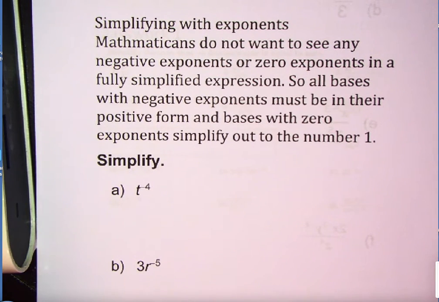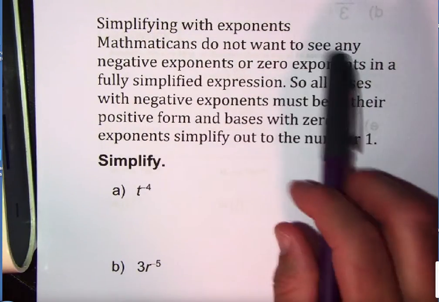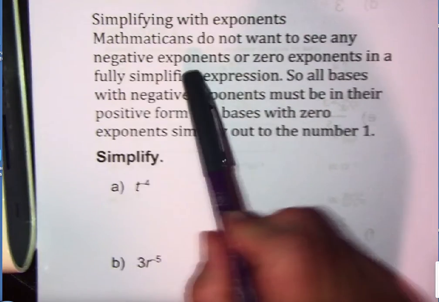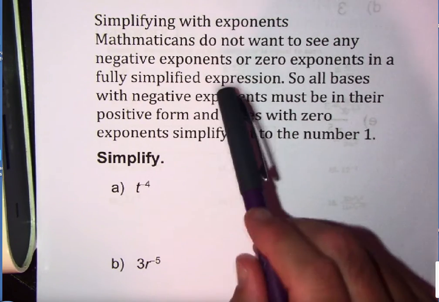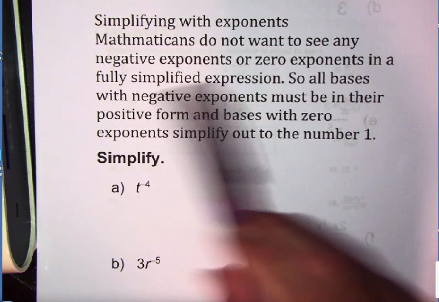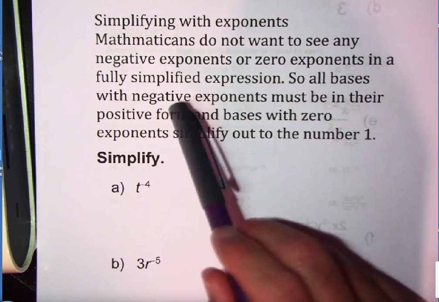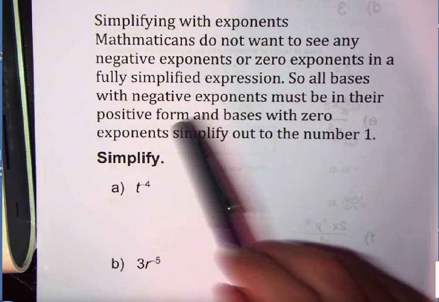Simplifying can mean a lot, but in the end, we're trying to make it as simple as possible. So mathematicians do not want to see any negative exponents or zero exponents in a fully simplified expression. So all bases with negative exponent must be in their positive form, and bases with a zero exponent must simplify out to be the number 1.